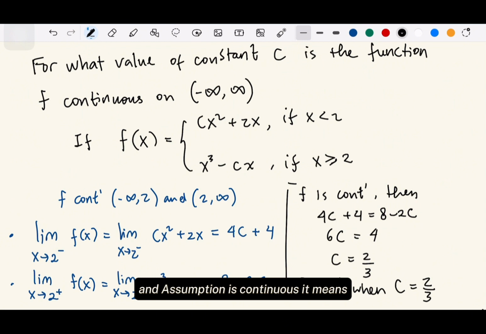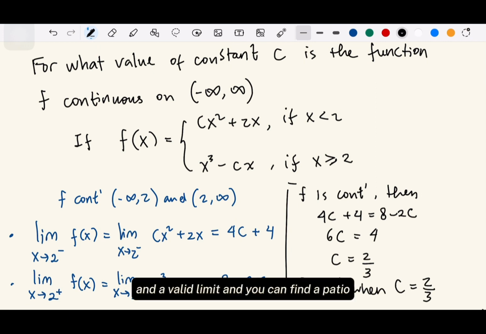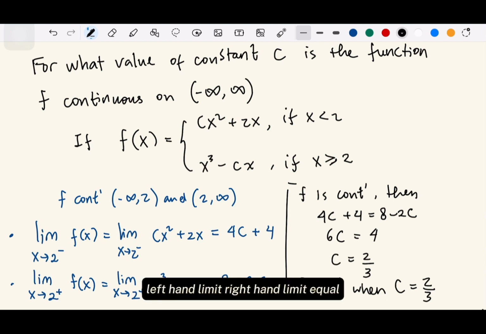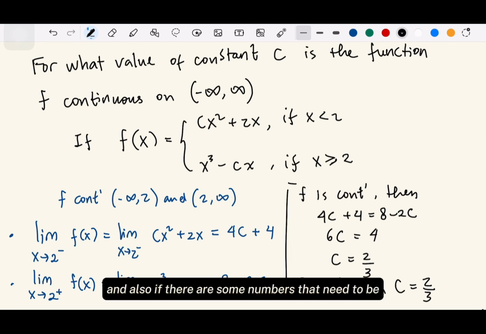The assumption is continuity, which means the limit from the left equals the limit from the right. Then evaluate the limits and you can find the value of c. This type of question can come with many variations, but the idea is still left-hand limit equals right-hand limit. Also, if there are some numbers that need to be put inside the function, then you need to try that too.